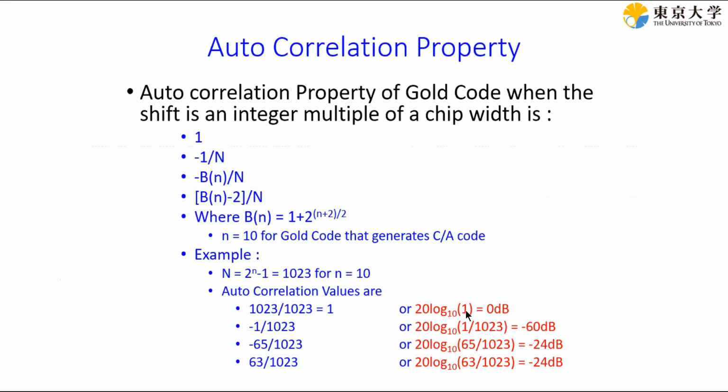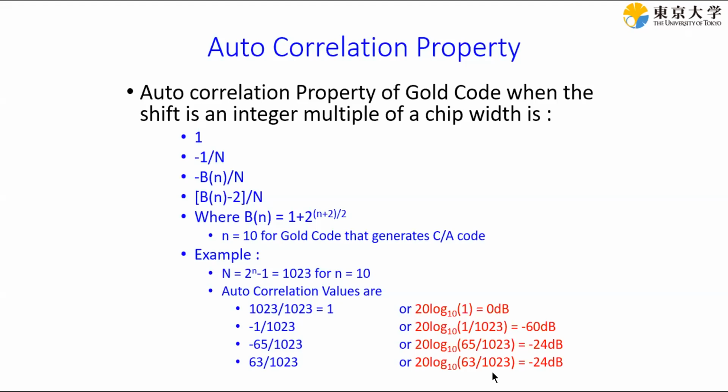But theoretically you get either perfect correlation, or only 1 bit correlating out of 1023, or either 63 or 65 bits correlating. The other values are not possible with this type of GPS PRN code. So the GPS PRN code is a very, very smart design, such that you won't have other values than these 4 values.